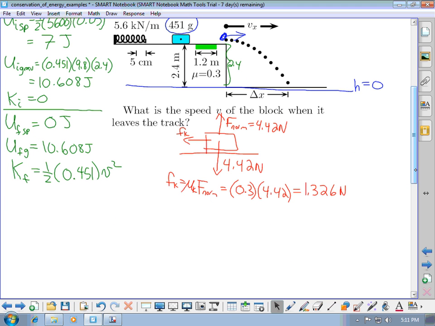The equation that I have for conservation of energy when there are non-conservative forces acting is that the initial potential energy plus the initial kinetic energy plus the work done by the non-conservative forces, such as the force of friction, have to equal the final potential energy plus the final kinetic energy. So what we have, there's a certain amount of total energy at the beginning.